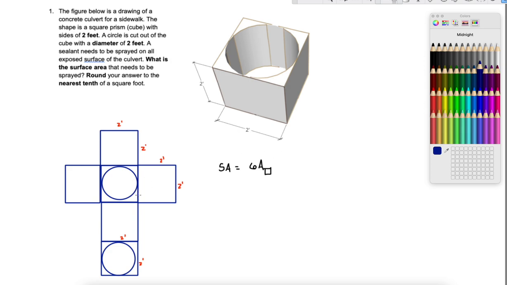How about we shade this in? So this blue here is the shaded area that we need to find, and I'm cutting out these 2 circles, right? So I have to subtract these 2 areas of the circles.